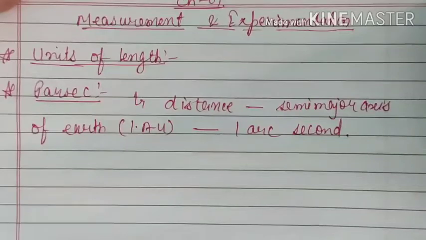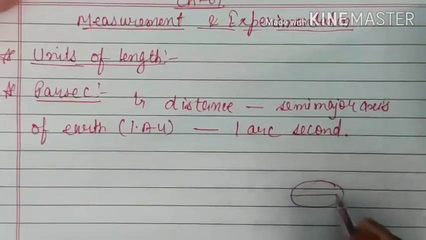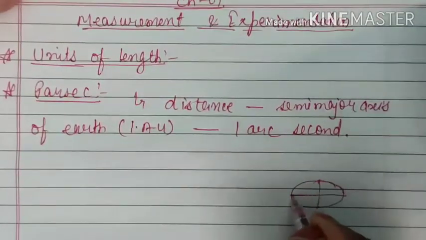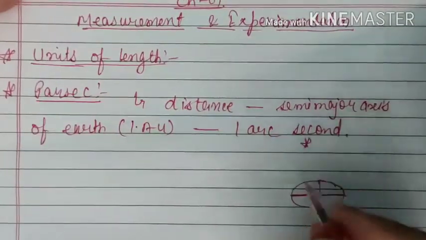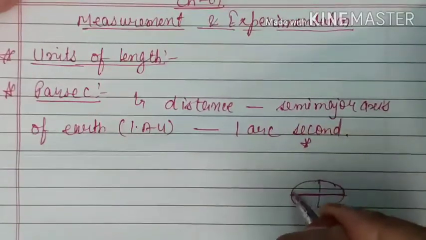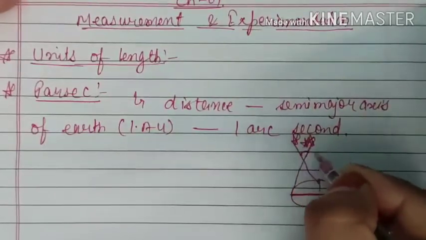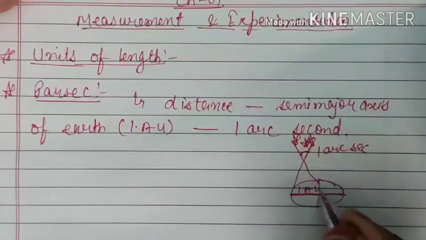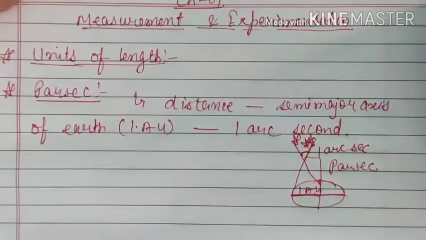The concept starts from the fact that our earth is not exactly spherical, it is somewhat elliptical, so both of its axes are not equal. So we are saying that the semi-major axis of earth, when it sustains, suppose any star is there, an angle of 1 second, for example you are looking from here, or from here, and this angle is of 1 arc second, then this is 1 astronomical unit and this distance is known as 1 parsec, or simply parsec.